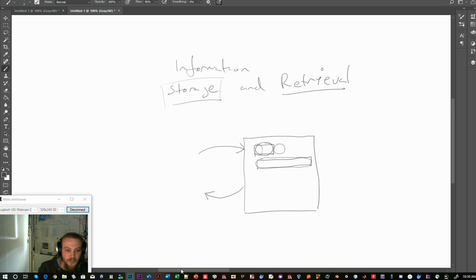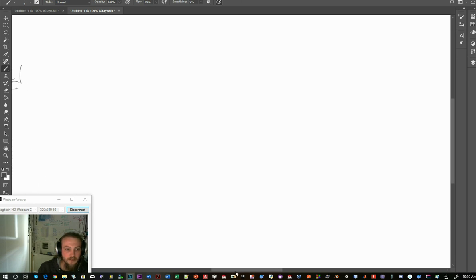So with Java, we're going to start by having a look at our primitive data types. And the first set of data types that we'll look at are the integers, okay?